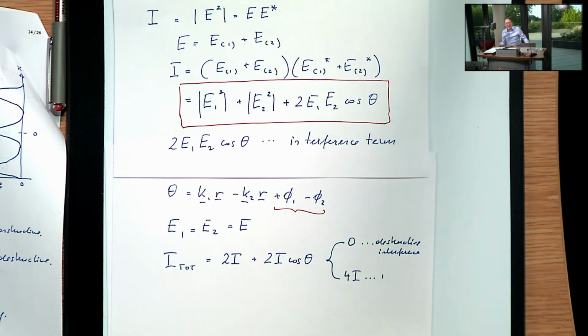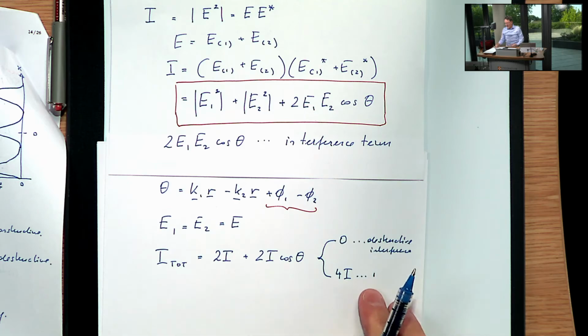This is really remarkable, right? You're putting in I and I, but there are some points in space where you will get an intensity that corresponds to 4I. So it's a higher intensity than you might expect if interference wouldn't take place. On the other hand, there are also places where the phase differences theta are such that the waves arrive completely out of phase, and the overall intensity then becomes 0.